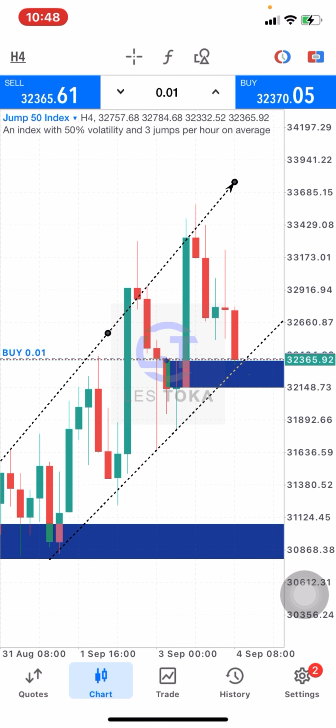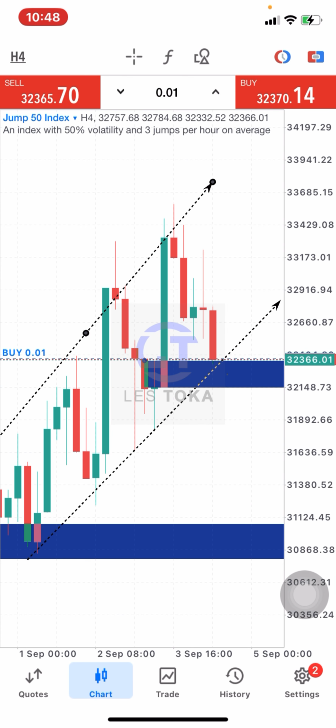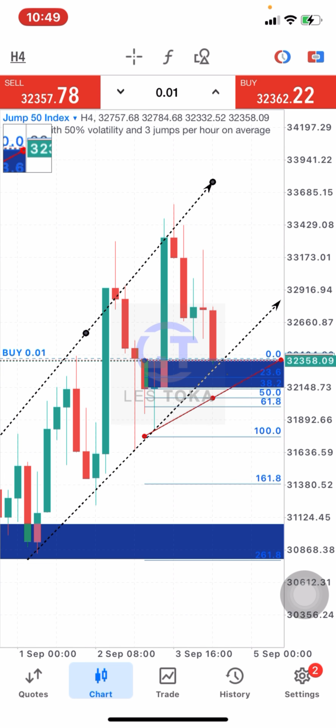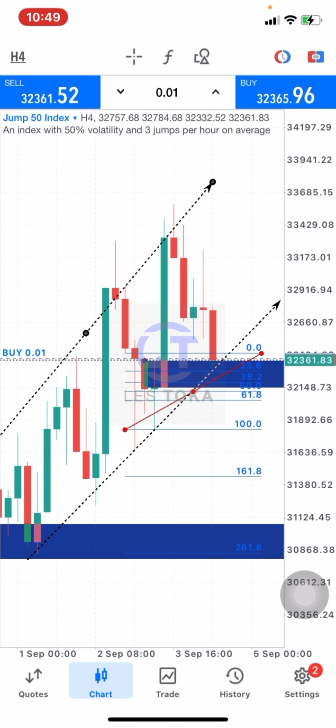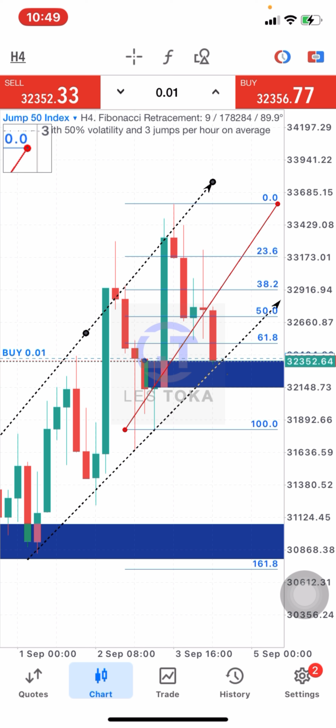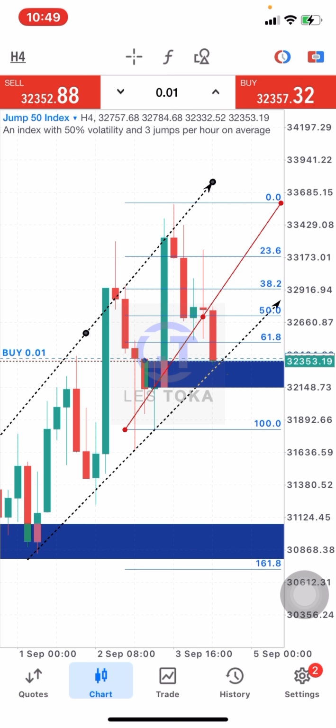Why am I so confident that it will bounce from there? Because I'm using the Fibonacci retracement tool. From my swing low, which is here, all the way to my swing high, the market has passed the area of 61.8, which is the usual area where it should bounce.